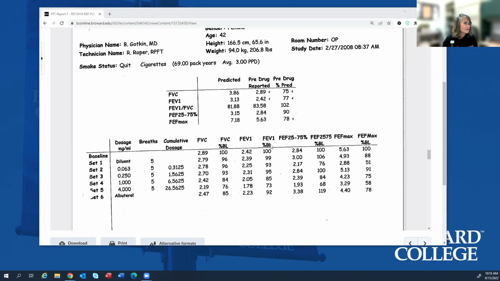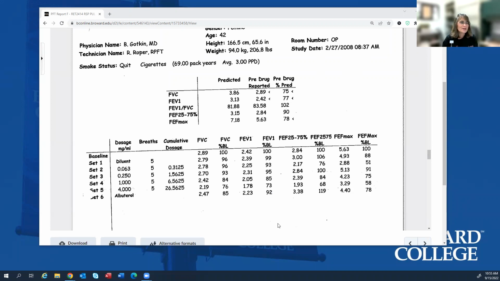It's right here. And baseline, it was 100%. And then it drops at this diluent. And then really drops at set number 5 when they gave 4 milligrams per ml. Then it caused bronchospasm. And then to reverse the bronchospasm, they gave albuterol, and then the FEV1% came back up to normal.